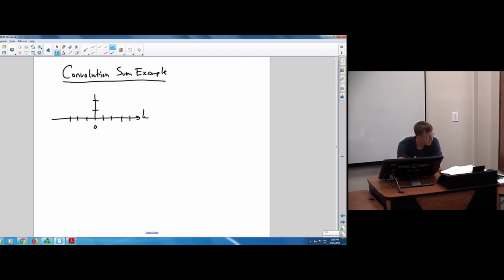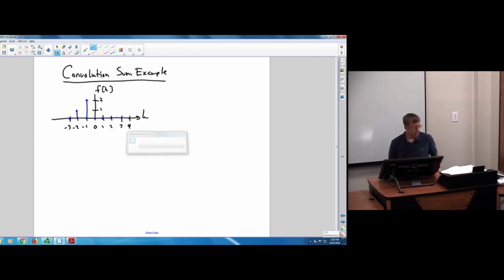At time minus 1, it's equal to 2. At time minus 2, it's equal to 1. And everywhere else, it's 0. And again, remember the convention, if I only draw these two lines, you just assume everything else is 0. I went ahead and drew some zeros there for you. That's 2, and that's 1. And this is signal f of k. So that's one of the signals we'll deal with.